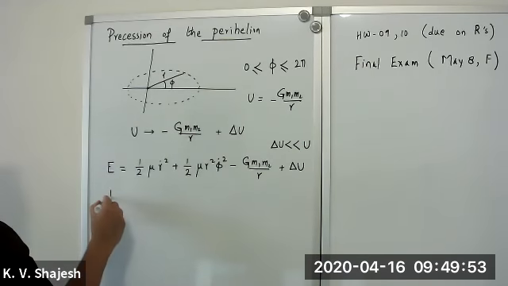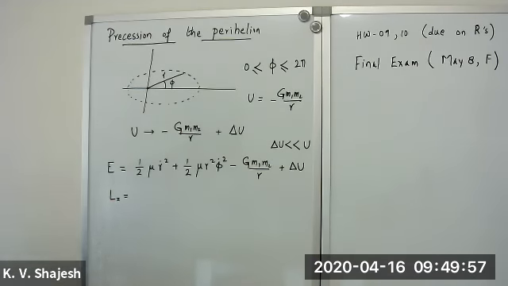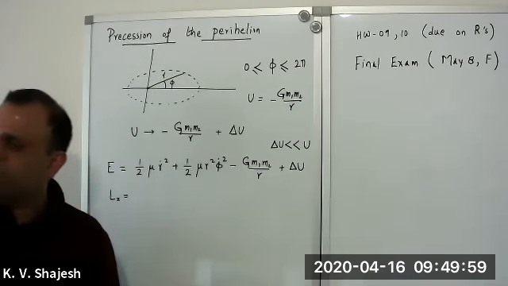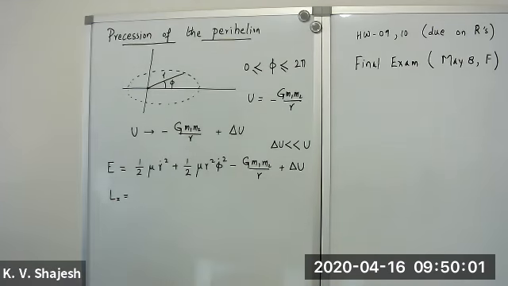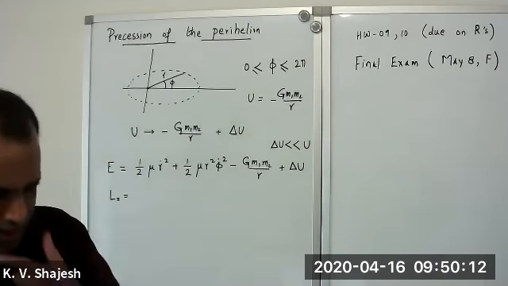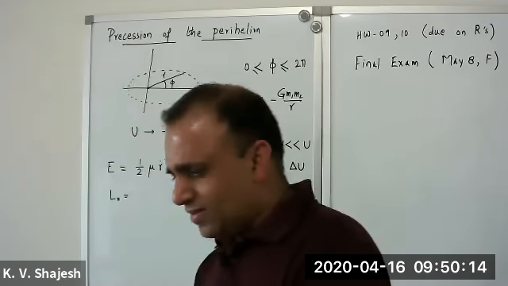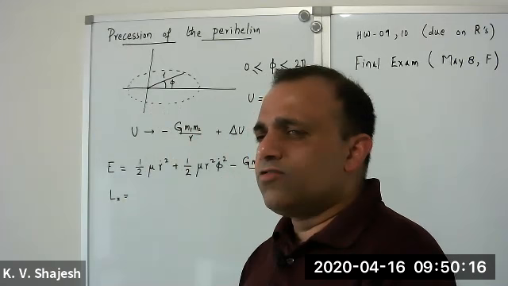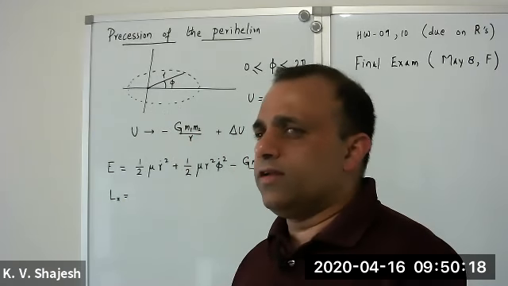And L_z, the angular momentum, is also conserved. We want to keep that as it is. So we would like to talk about perturbations that are still spherically symmetric. We don't want to talk about distributions which disturb our spherical symmetry. So let's say the sun is not really spherical, it's elongated, right?